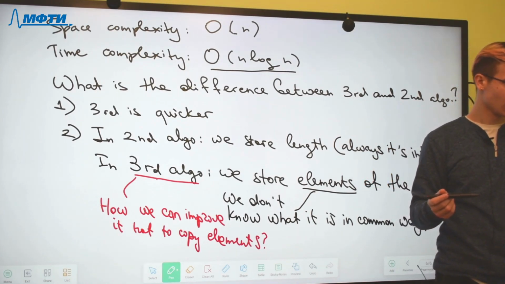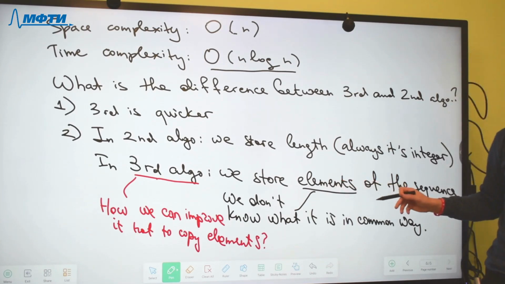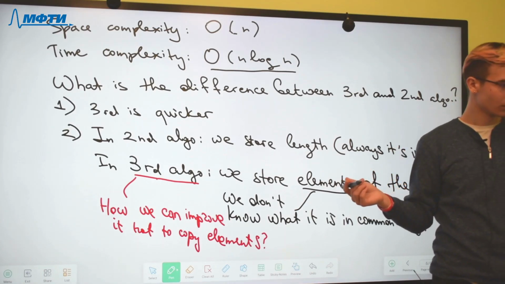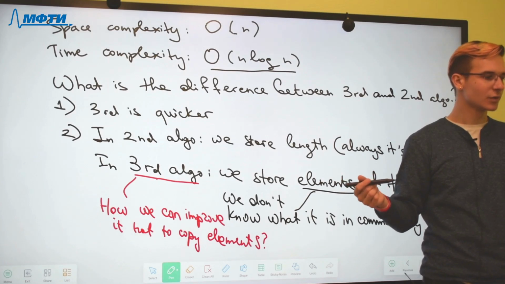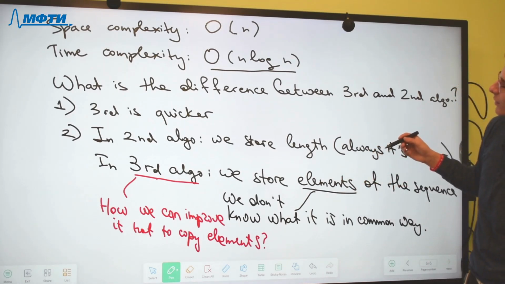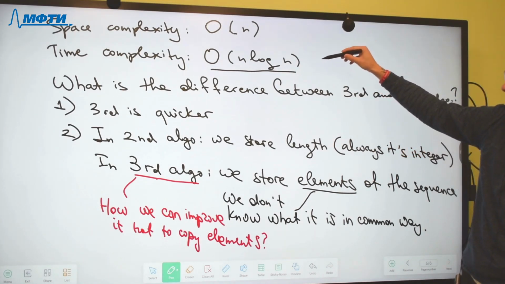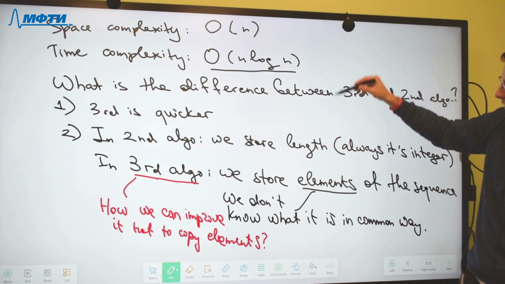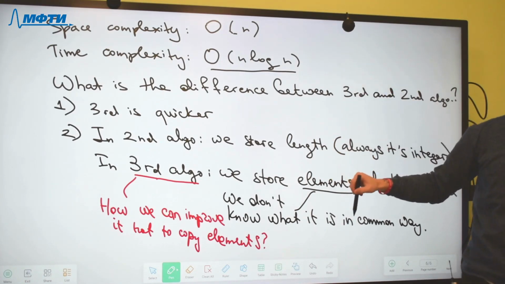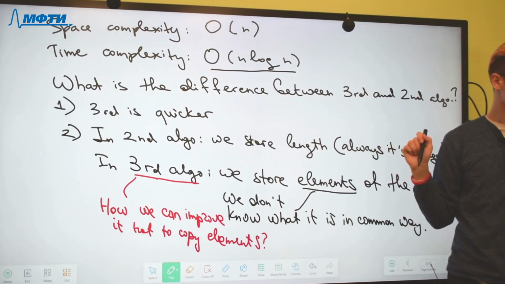And if the structure that you use for elements is very big, you spend a lot of time to copy it, and it is not interesting what you spend on the steps of the algorithm if you spend a lot of time to copy it. Yes, understandable.